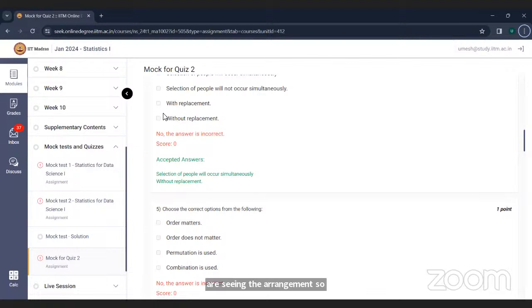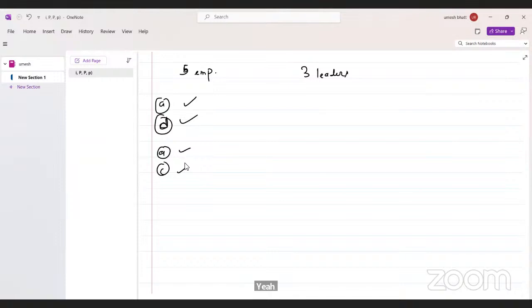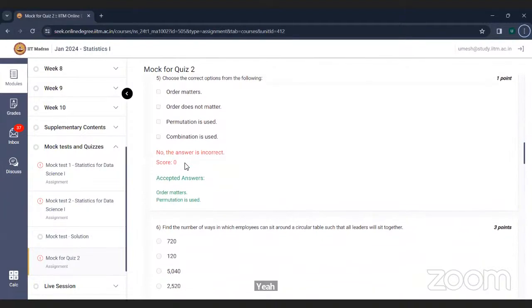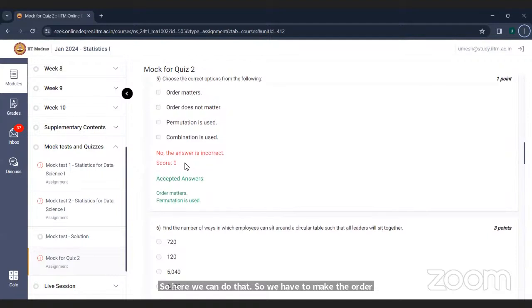If person A is sitting next to person B, that's different; AB is different from BA arrangement in sitting. If it were beads of the same color we would divide by 2, right? But here we can't do that, so we have to keep the order.